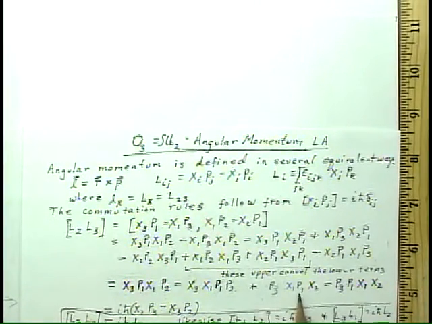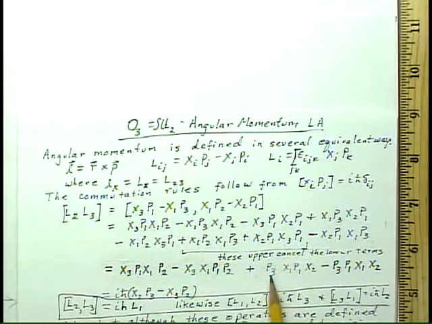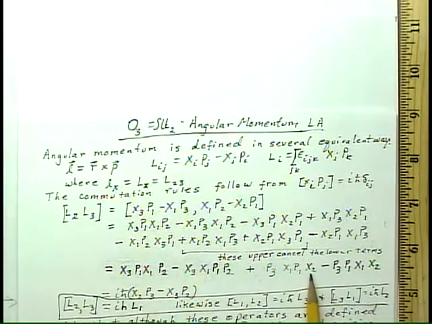Likewise, we get the same result over here. We have P3 and an x2 here, and we can put these in the following form. We have the P3 first, the x2 last, and we have x1 P1 minus P1 x1 in the opposite order.